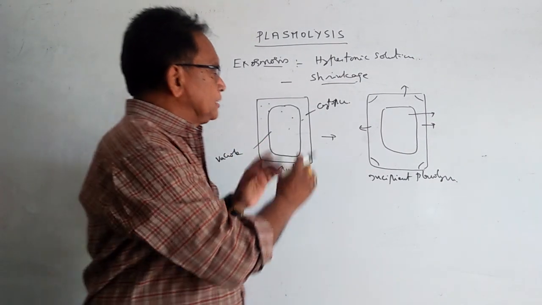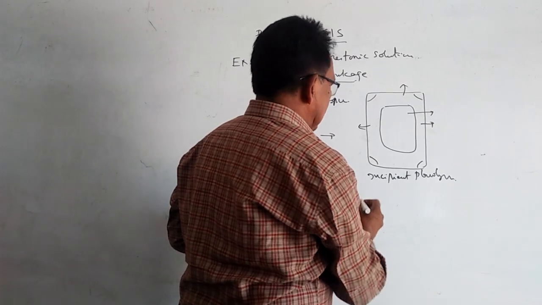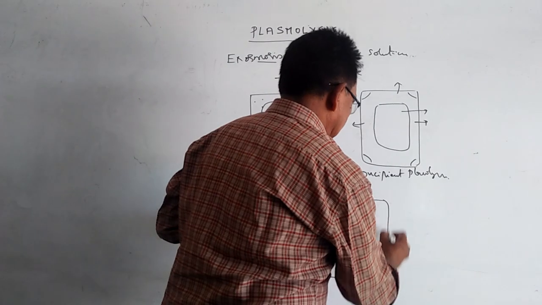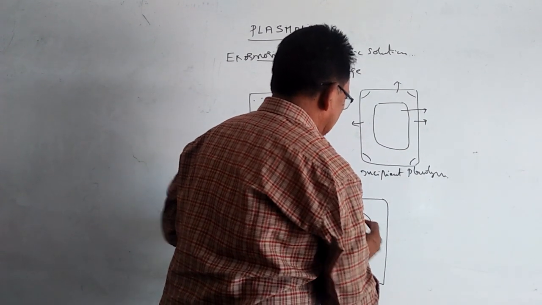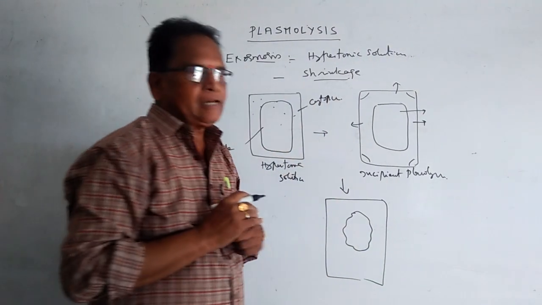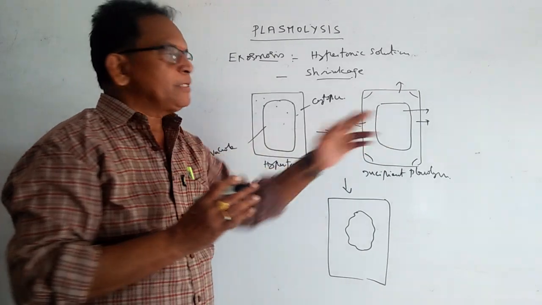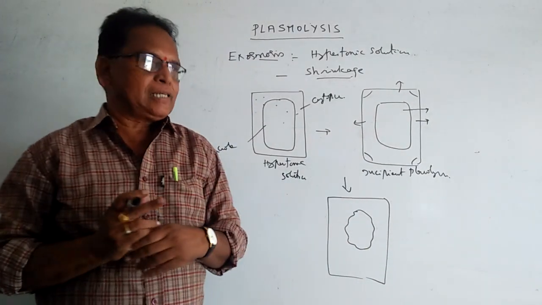As a result, finally, the entire plasma membrane becomes contracted and occupies the central position of the cell.